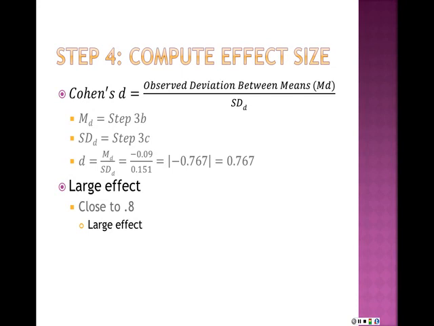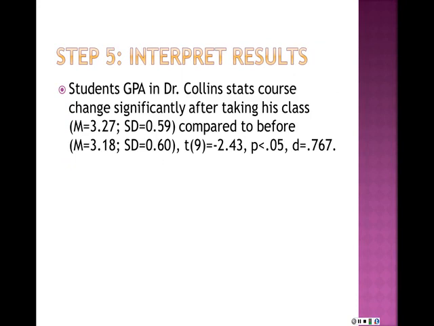What this is telling us is that students' GPA in Dr. Collins' stats course has changed significantly after taking his class compared to before, and it gets better after taking the class. When we're creating our results interpretation section, it's absolutely necessary to include the statistical information that you have created.